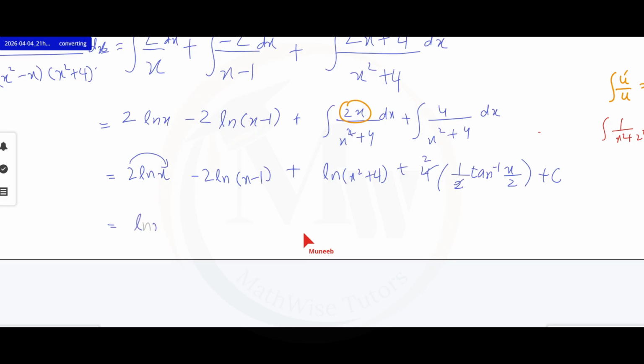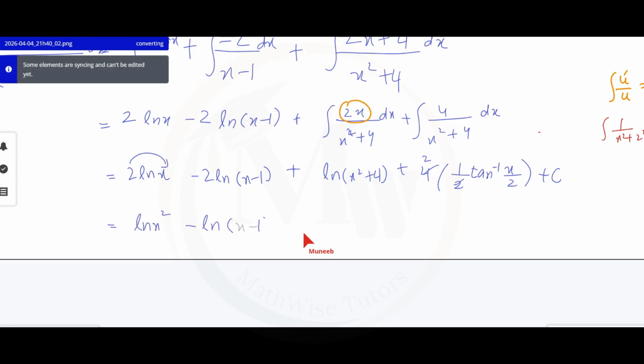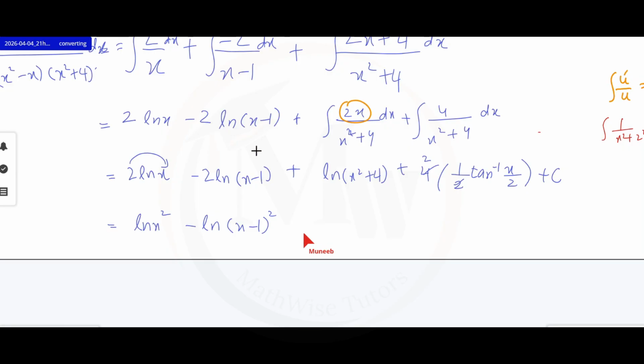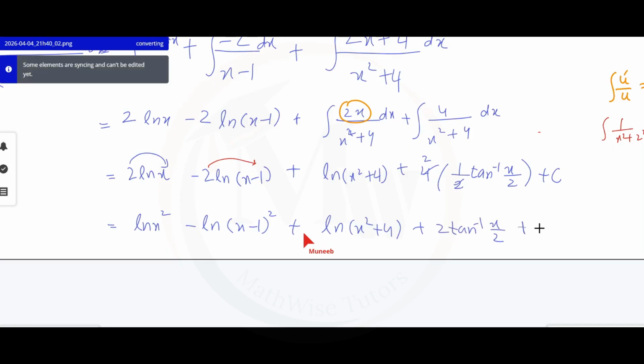It becomes natural log of x square minus natural log of x minus 1 square. This will also come on the power. Clear? Like this it will come on the power by using the natural log property, and the next term is natural log of x square plus 4, and here is only left 2 tan inverse x by 2 plus c.